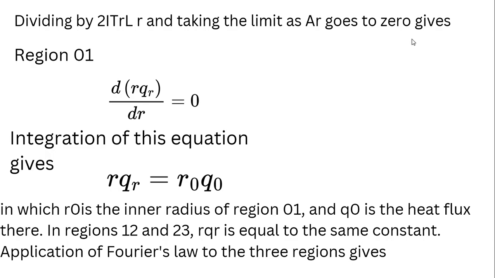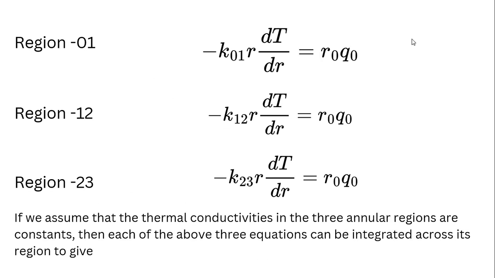Dividing by 2 pi L delta r, and as delta r tends to 0, we get for region 1 the equation d(r Q_r)/dr equal to 0, and integration of this equation gives us r Q_r equal to r0 Q0. So for region 1, 2 and region 2, 3 we get this equation.